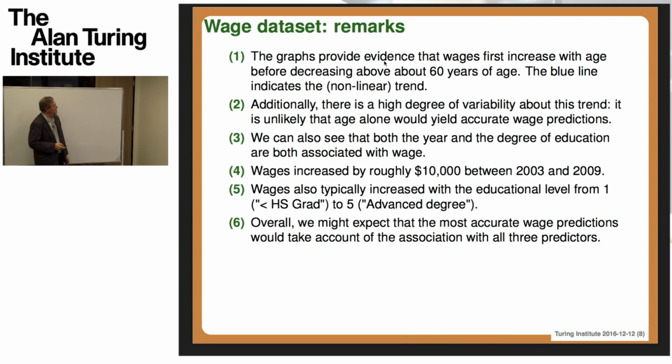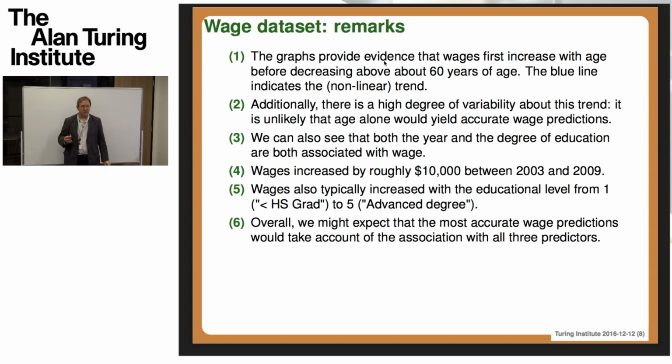Okay, so what remarks can we deduce from looking at those plots first of all? They provide evidence that wages increase with age, but then there was some tailing off after about age 60 as people sort of withdraw from the labour market. There is a higher degree of variability about that trend, but it's unlikely that purely age alone would lead to accurate predictions of wages, since we've seen educational level is such a strong factor as well.